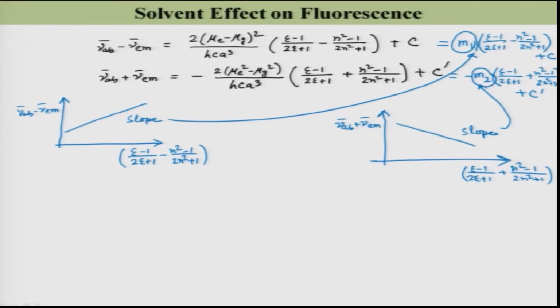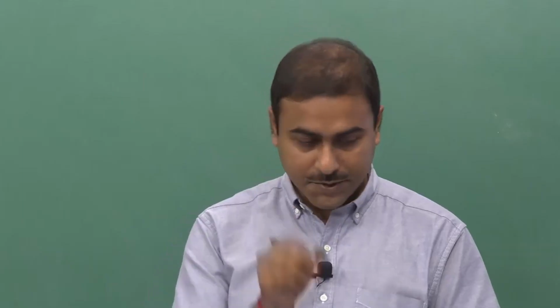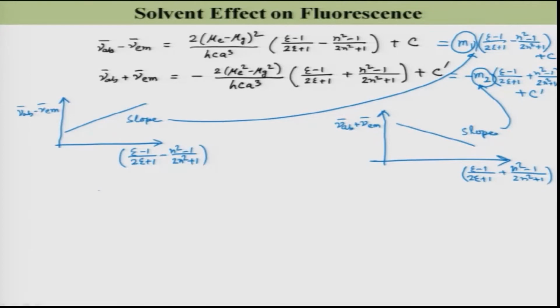Now I can give you one formula. Let me write it over here, and we will see what comes if I put in these values. If I calculate m2 minus m1 divided by 2, into h c a cube by twice m1, to the power half, then I know the value of m2 and the value of m1. m1 is twice mu e minus mu g whole square by h c a cube, and m2 is twice mu e square minus mu g square by h c a cube.